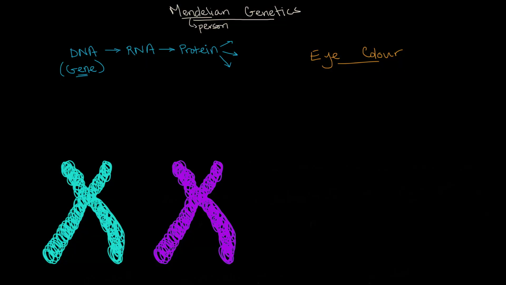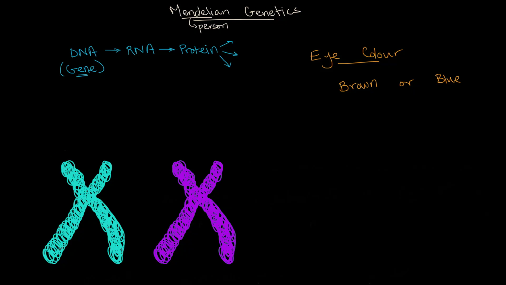So let's imagine we're in a world where there's only two types of eye color, brown or blue colored eyes. If you have a brown gene, your eyes will be brown, or if you have a blue gene, your eyes will be blue. But it gets a little bit more complicated because we have two copies of every gene.